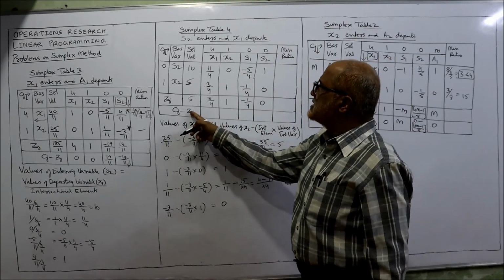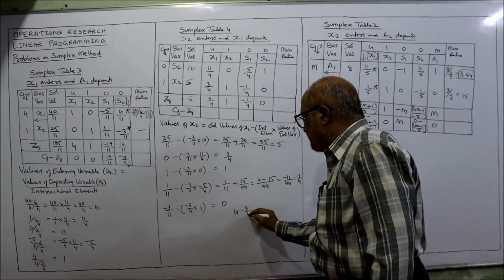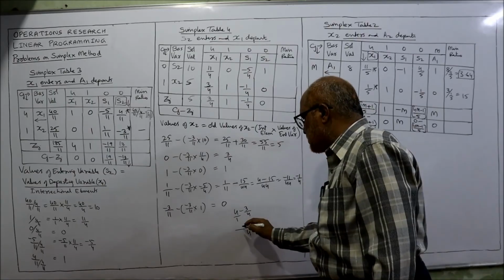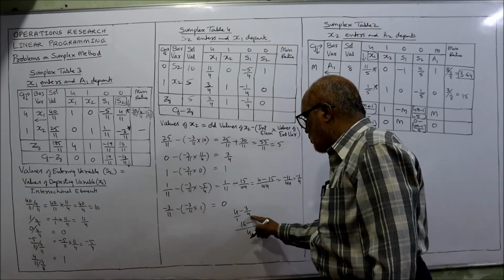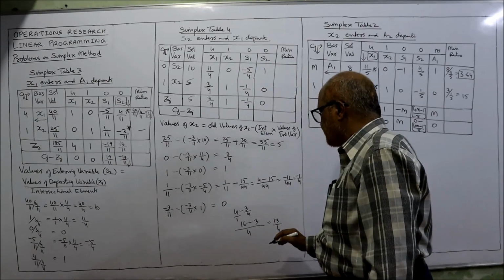Now cj minus zj. What is the cj value? 4. 4 minus 3 by 4. If we take LCM 4, 1 4 times, 4 4s are 16, minus 4 1 time, 1 3 is 3. So it will become 13 by 4.